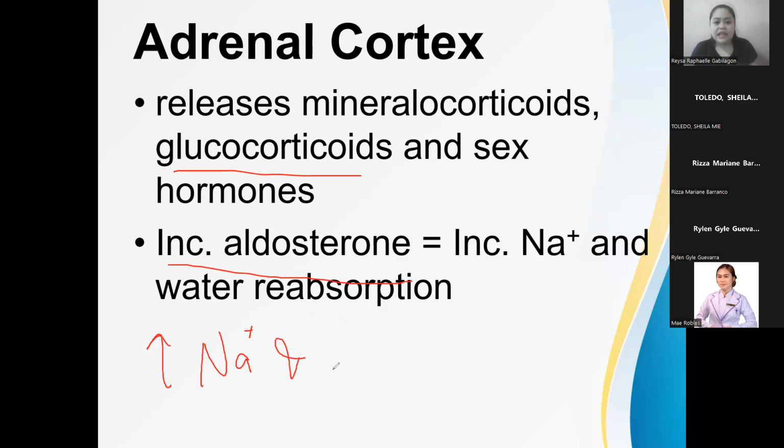So supposedly, this sodium and water should be excreted via the kidneys, no, in the urine. However, if you have a lot of aldosterone from the kidneys, the salt and the water will be reabsorbed back in the body. And that will lead to the increase in the volume of our blood.